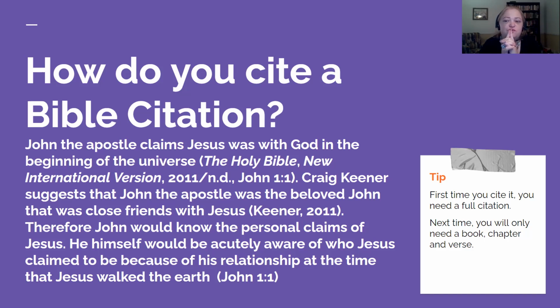So whenever you first cite your Bible version, you're going to put the whole thing in. And then the second time, third time, ongoing, you're just going to do this, because this is called a shortened note, a shortened version of the note. All right? So don't feel like you have to put a citation at the end of every single sentence.